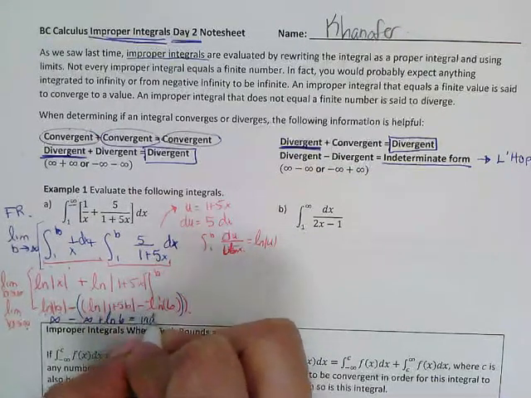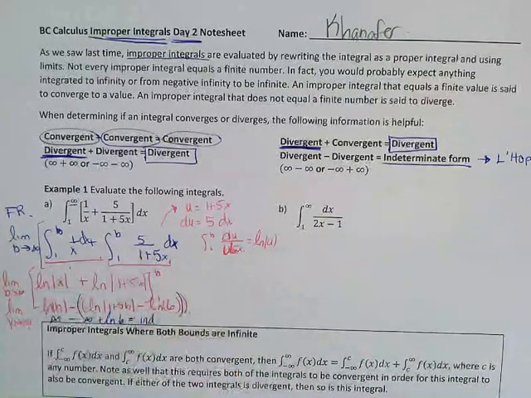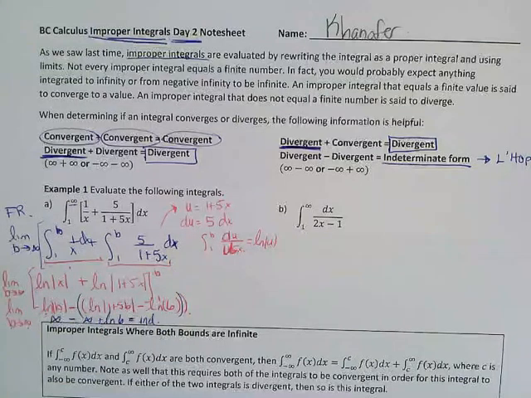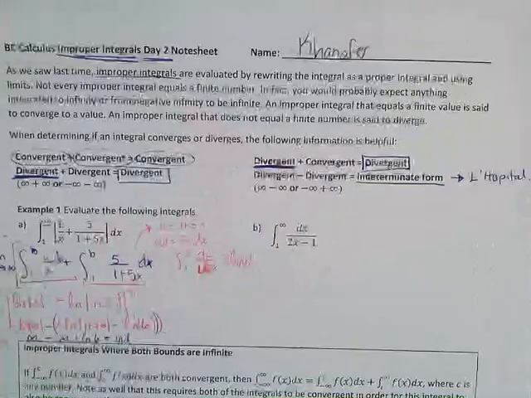So this is indeterminate. So I'm going to have to combine these somehow to be an f of x over g of x and figure out what my actual answer is. Okay, I'm just going to turn to the back side and show you guys how we're going to do that.